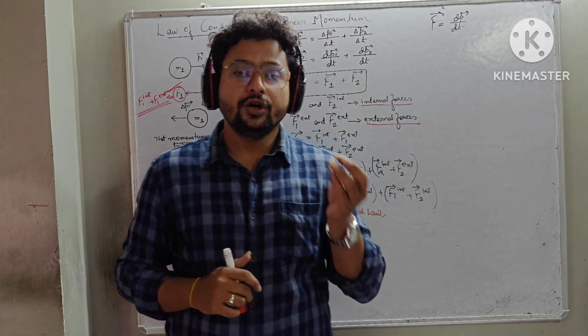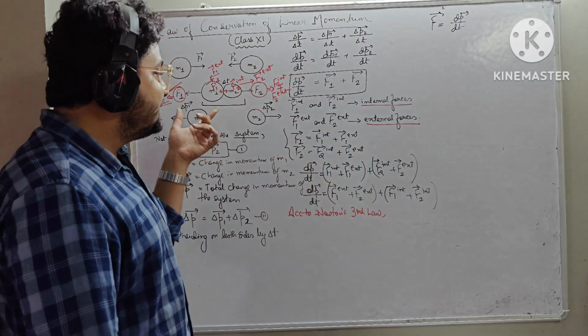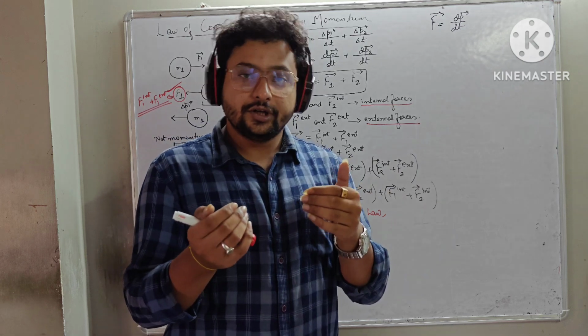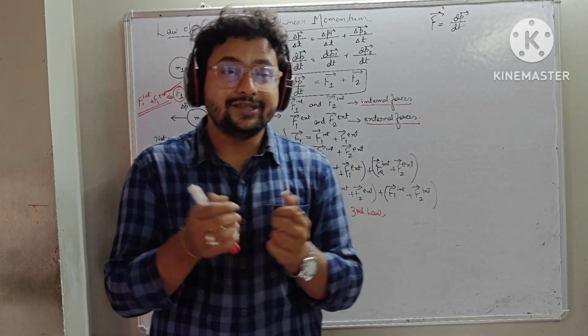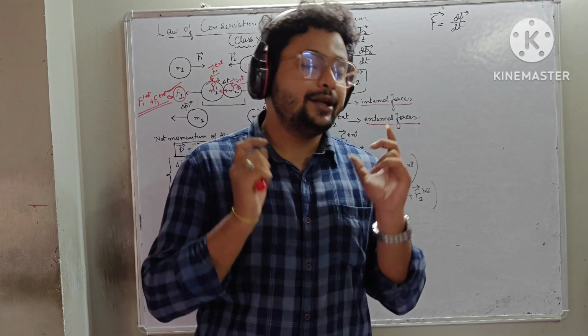So you know Newton's third law that every action has an equal and opposite reaction. So the internal forces that both the bodies exert on each other, they must be equal and opposite.